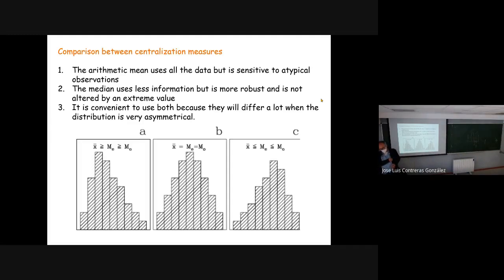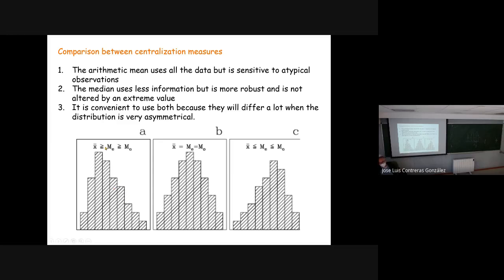Good. So this slide tries to give an idea of how these values can be different for a histogram, for a set of values we have measured, classified. Look at the first one. In the first one, if you think a bit about it, the distribution is asymmetric to the right, okay?